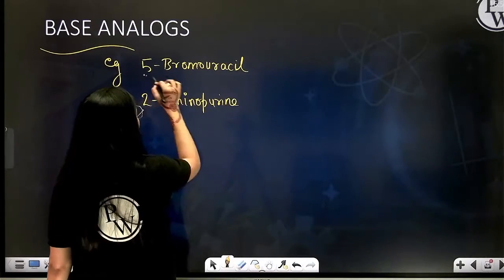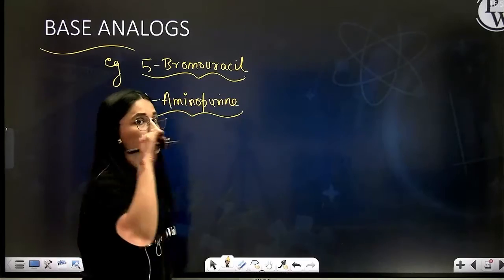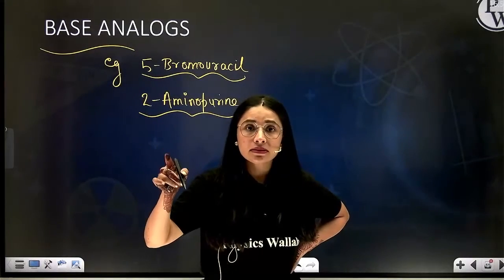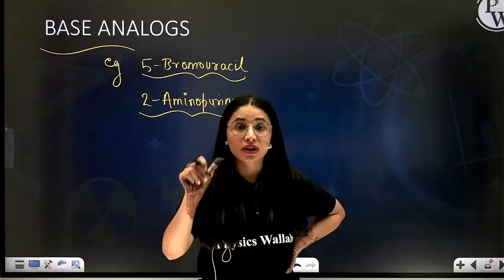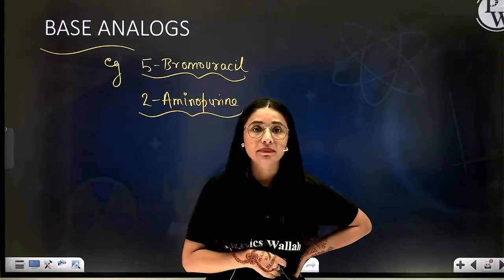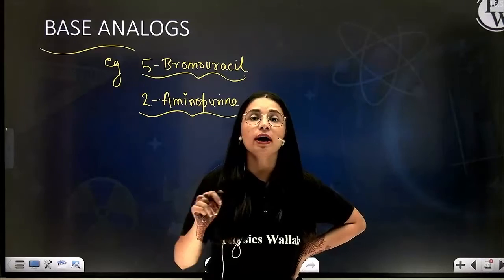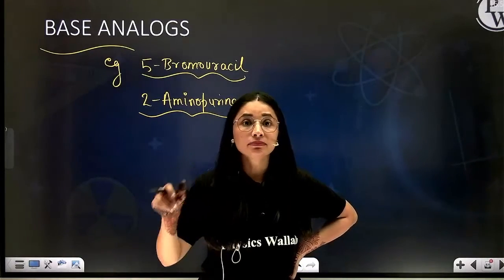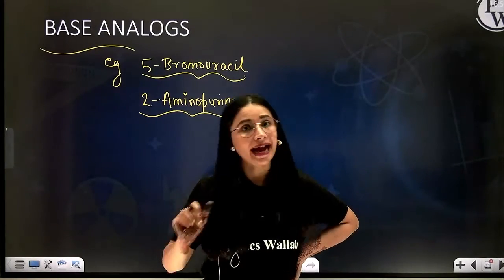These are the different chemicals. Base analogues means these chemicals exhibit structural similarity to nitrogenous bases. For example, 2-aminopurine is structurally similar to adenine.